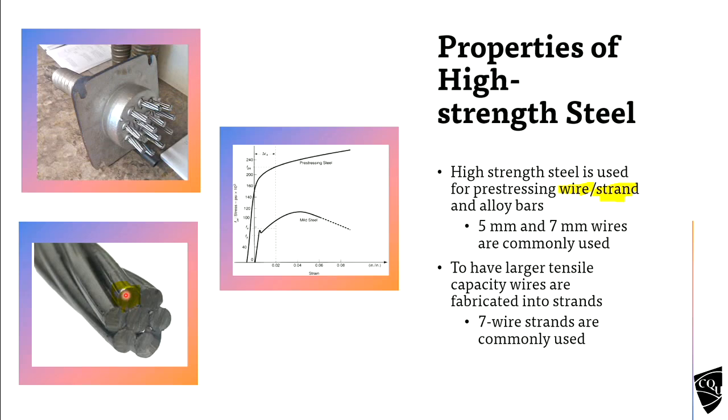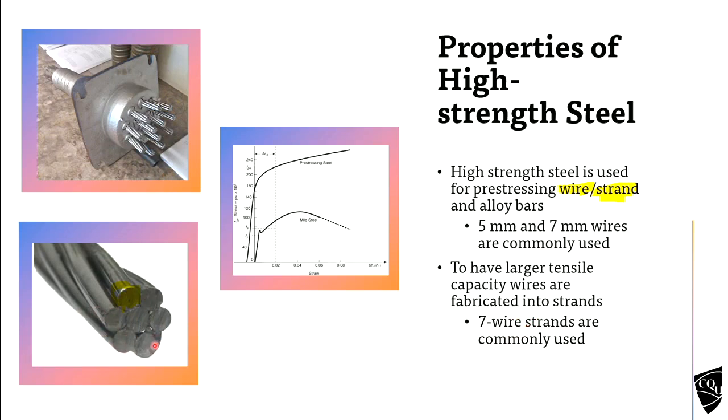Mostly 7 millimeter is used here, but there are some 5 millimeter as well. They use 5 or 7 millimeter wires, and then they use a couple of wires to make strands. Again, 7 wire strands are most common.